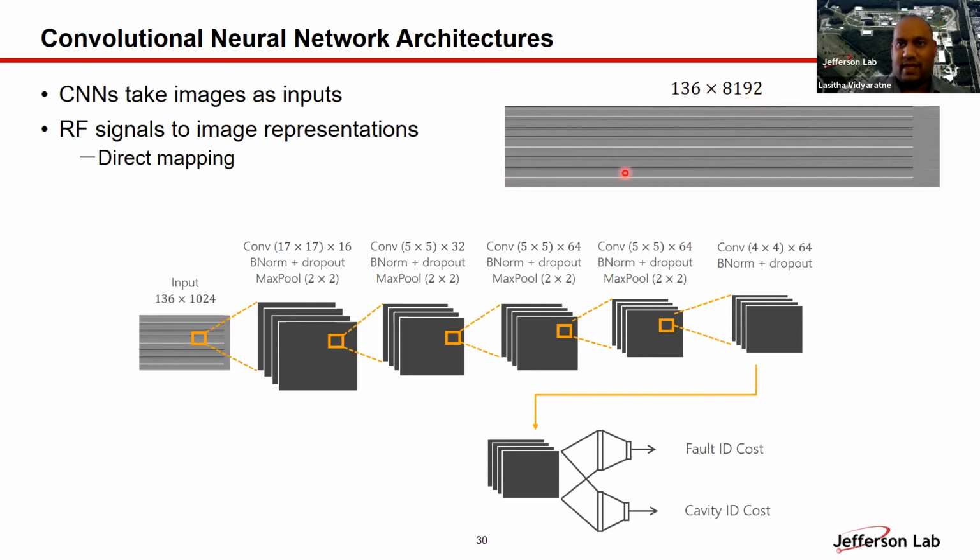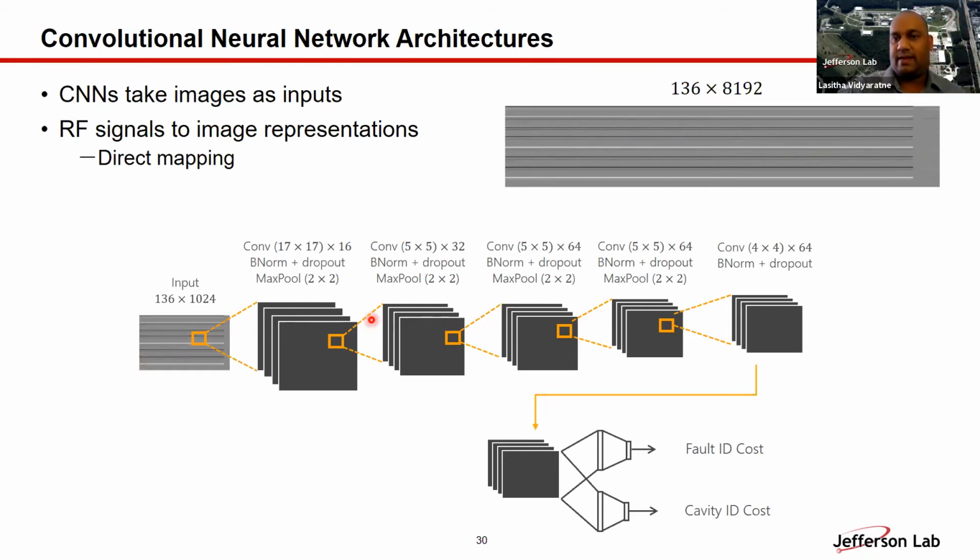As we see, this canvas is quite large. It might be difficult for CNNs to process efficiently. Therefore, once we create it, we apply image resizing algorithms to reduce the size to a more manageable size. And then we use that as input to our convolutional neural networks.